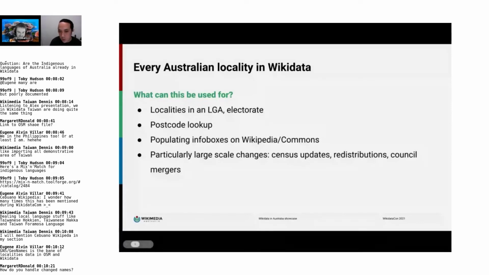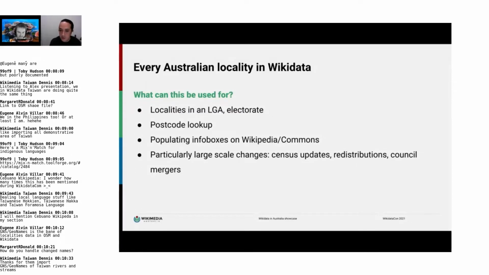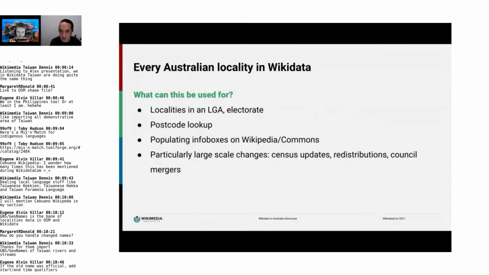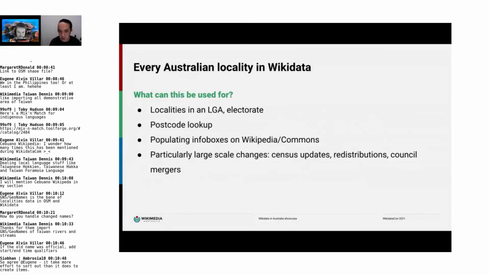Outside of the Wikimedia sphere, it can be used for working with localities in a local government area or in an electorate, looking at postcodes, populating infoboxes on Wikimedia Commons, or, if the community is accepting of it, on Wikipedia, and also large-scale changes such as census updates, redistributions, and council mergers, which have all happened quite recently.